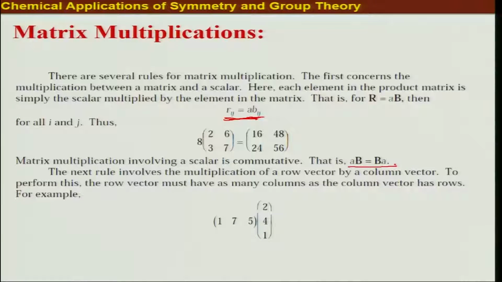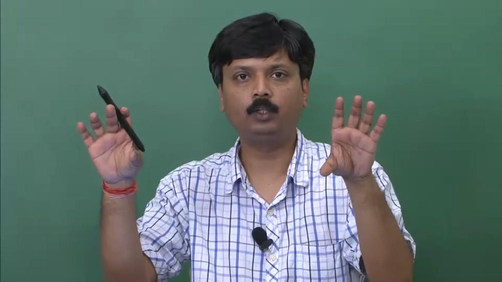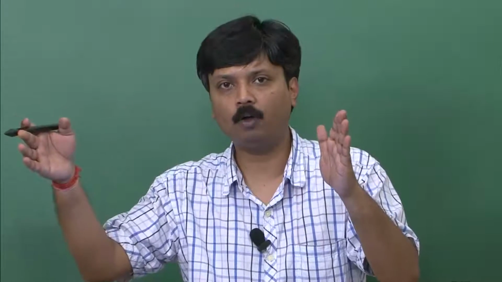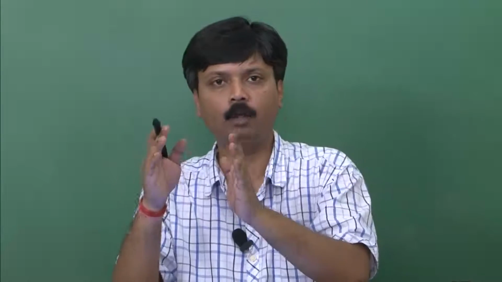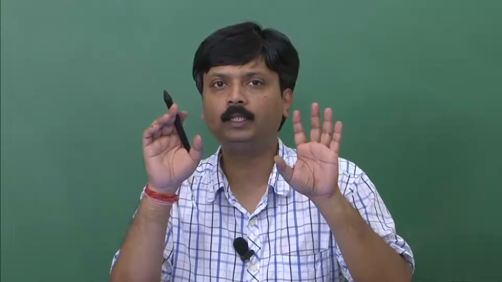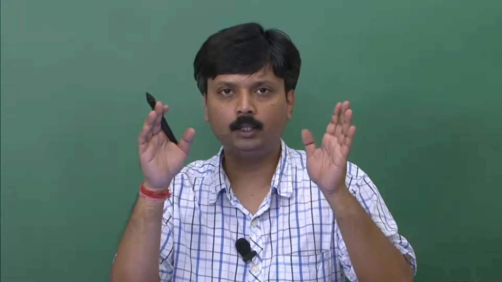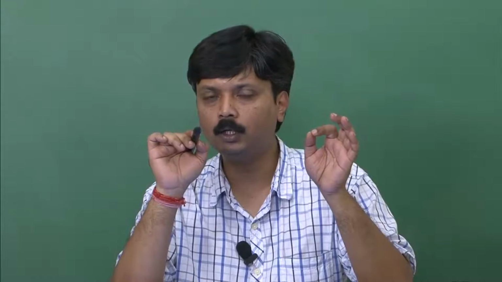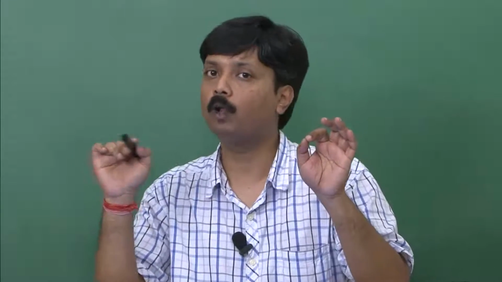If I take any row vector, it's just a row, and that is called a row vector. You have one row and n number of columns, so you don't have more than one row. A column vector is just one column, and you can have n number of rows. You can have this multiplication only when the row vector has a number of columns equal to the number of rows that the column vector has.